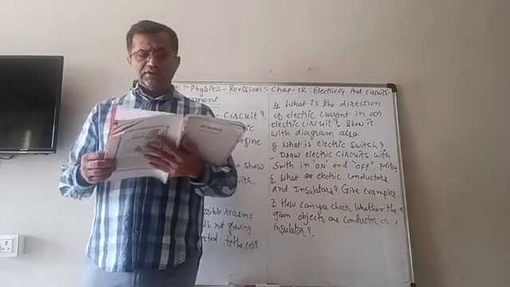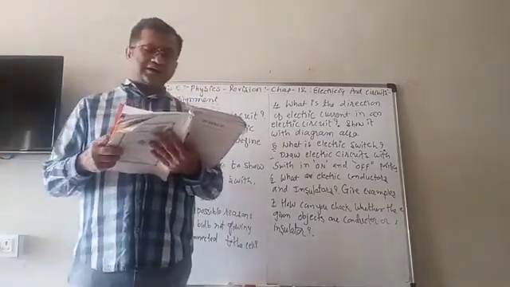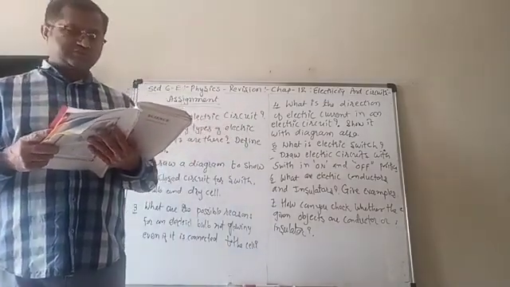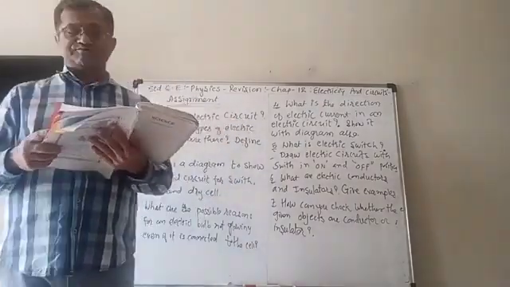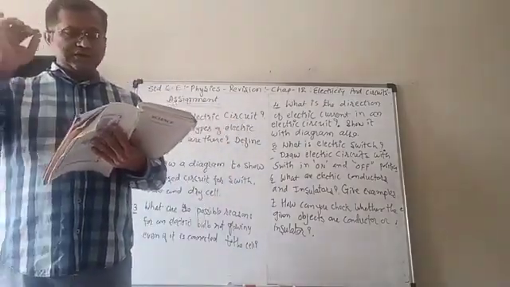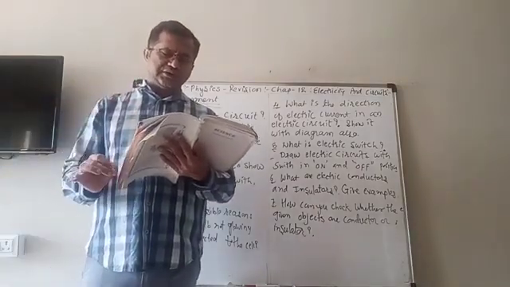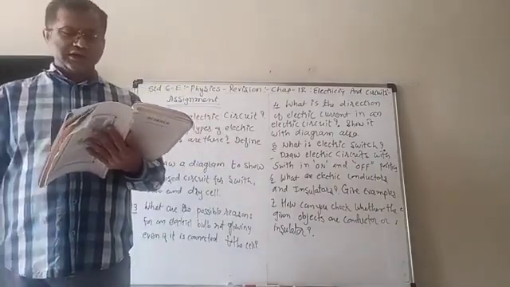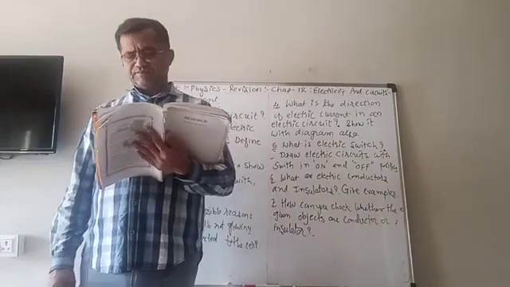So the electric circuit is providing a complete path for electricity to pass between the two terminals of the electric cell. So the continuous path to flow the electric current between the two terminals of the cell is known as the electric circuit.